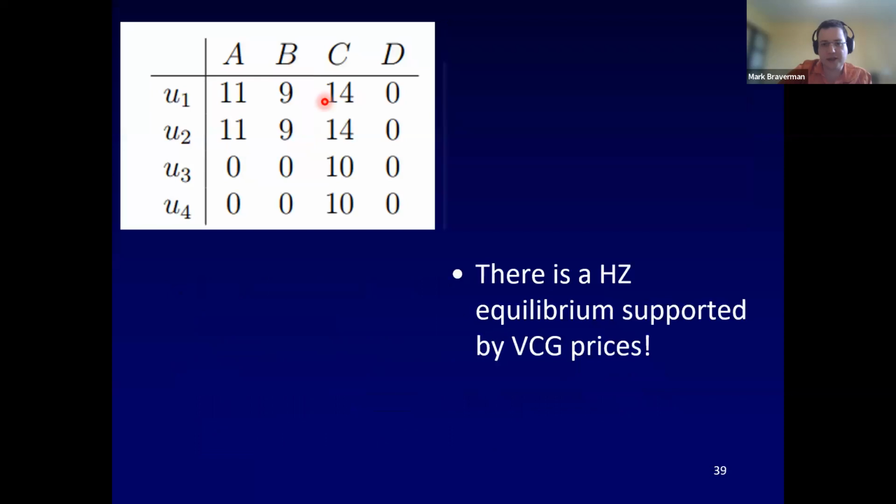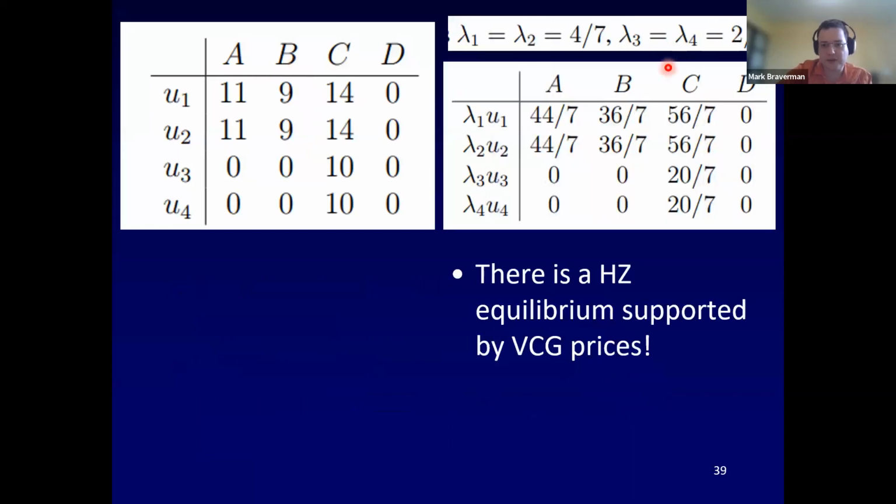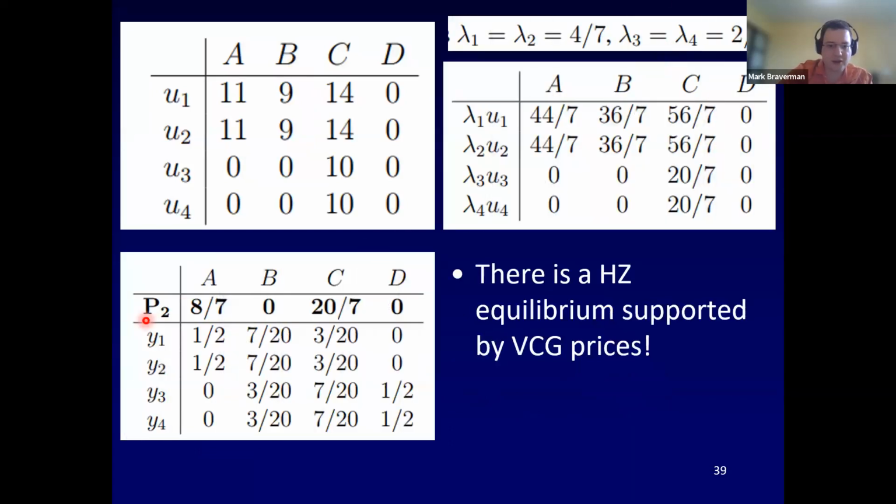And indeed there are different prices where B costs 0, which are supported. So there is a VCG outcome, and there is a Hyland-Zeckhauser equilibrium that's supported by VCG prices.